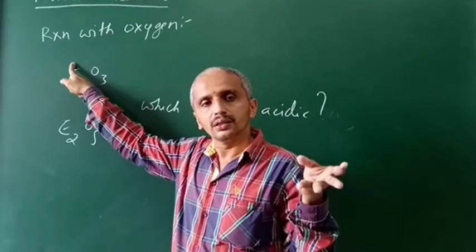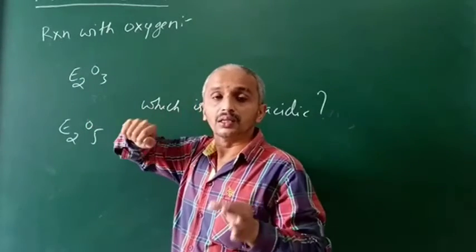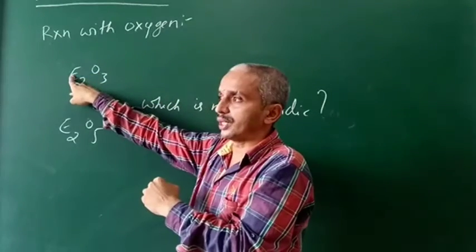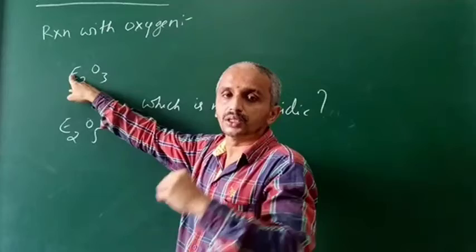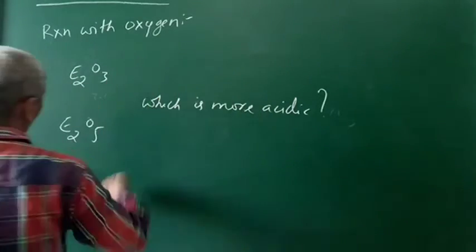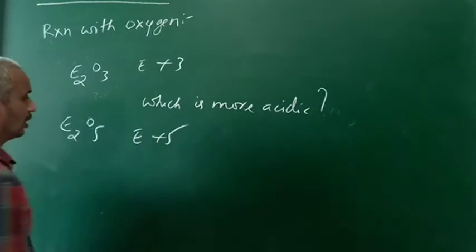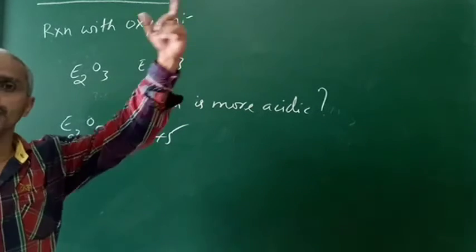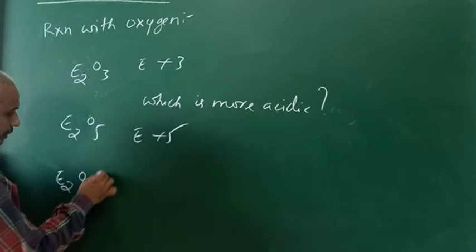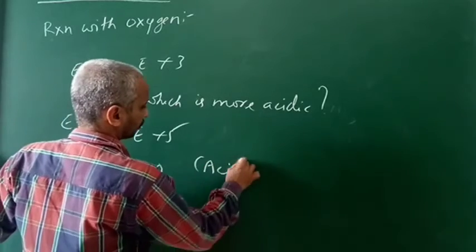When the compound with oxygen is there, the one with the higher oxidation state for the element of the oxide will be more acidic. So in E2O3, E is in the +3 state, and in E2O5 it is in the +5 state. Remember, E2O5 is more acidic than E2O3 in acidic nature.